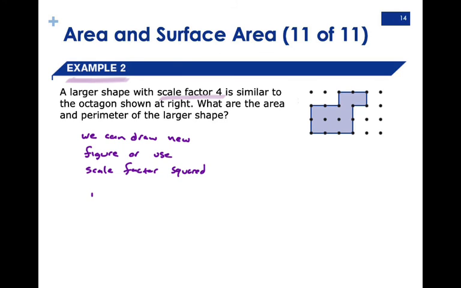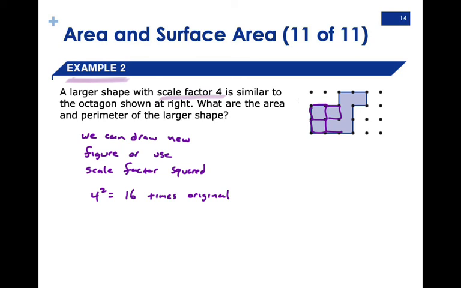And so this will be a better approach instead of actually drawing the object, which is one option that we could actually have. We could actually draw the object if we like, but we're going to go ahead and use this idea of the scale factor. So our new object will be 16 times the original here.